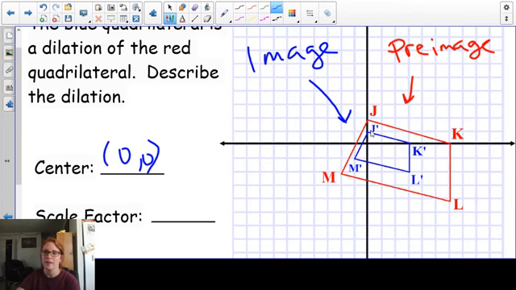So if you notice, KL and K prime L prime are both straight lines, so I can actually figure out how many blocks we used. Aha, tricky, tricky. So KL is 1, 2, 3, 4 blocks. My image, K prime L prime, is only 2.